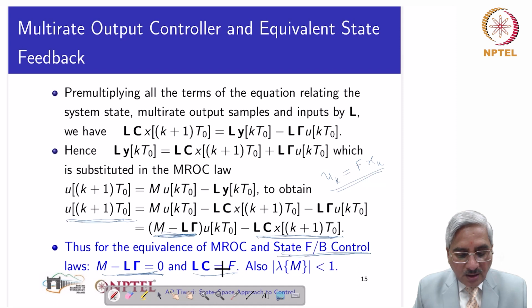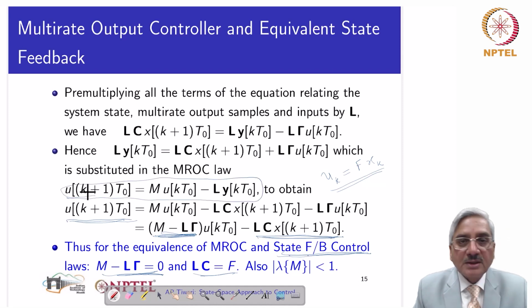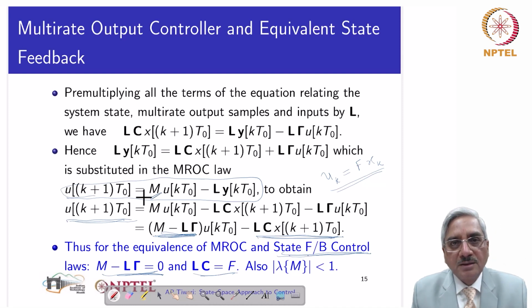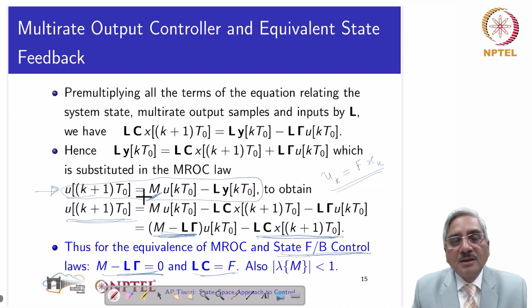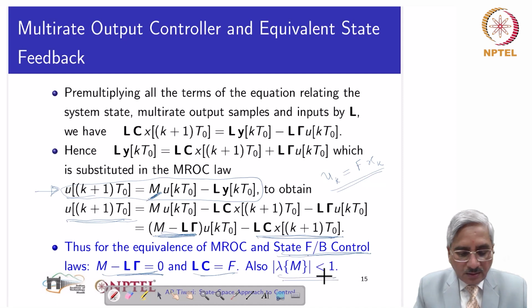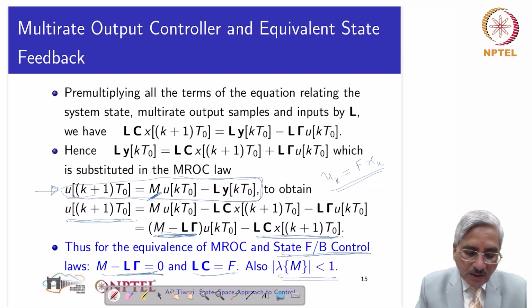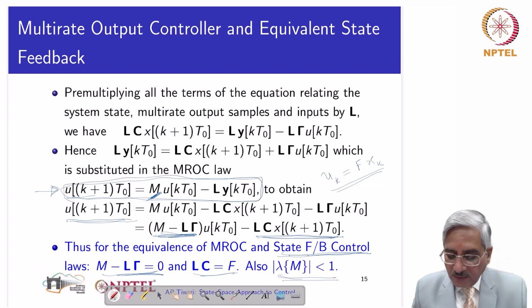Of course, if we look at this, this is a dynamical equation with M as the system matrix. So in order that this controller works satisfactorily, M must be such that its eigenvalues are within the unit circle. This system must be stable, and for that the eigenvalues of M must be within the unit circle.